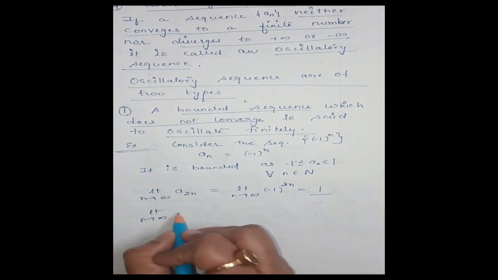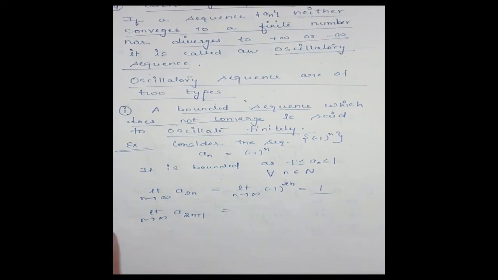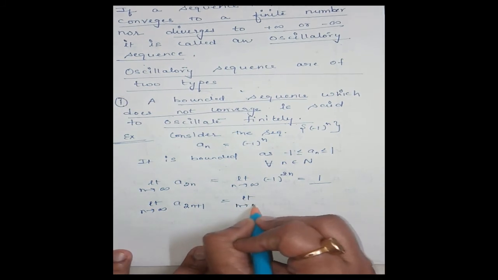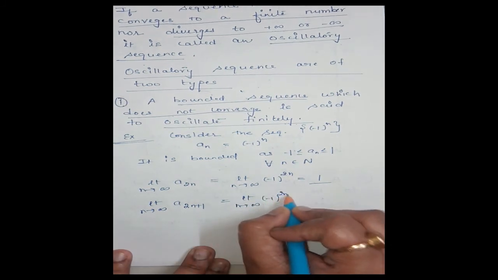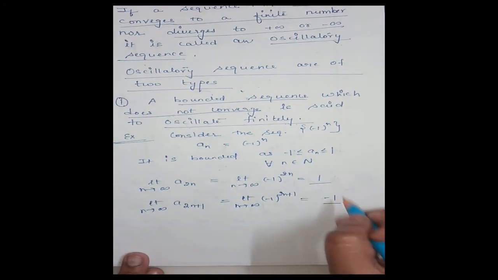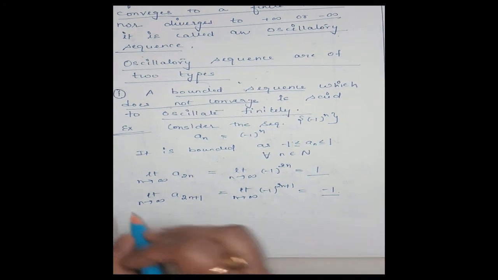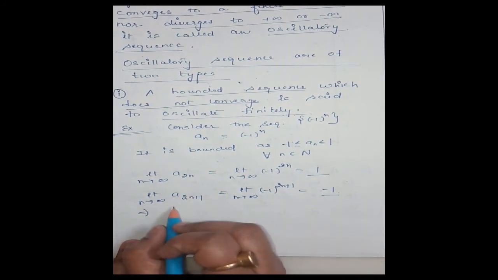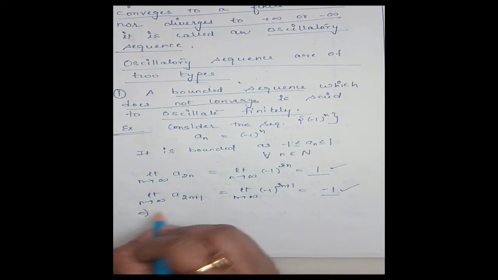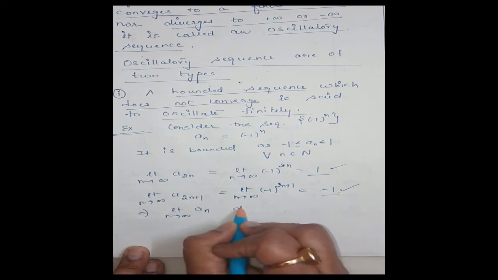And the limit as n tends to infinity of a_{2n+1} is the limit of (-1)^{2n+1}, an odd power, that is -1. Both limits exist but are unequal, therefore the limit as n tends to infinity of a_n does not exist.